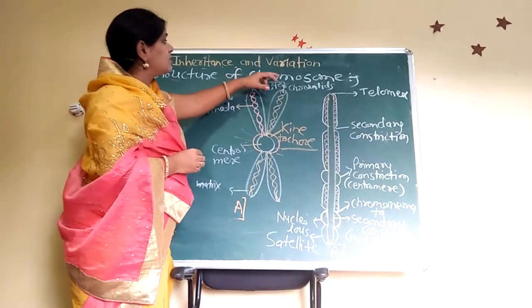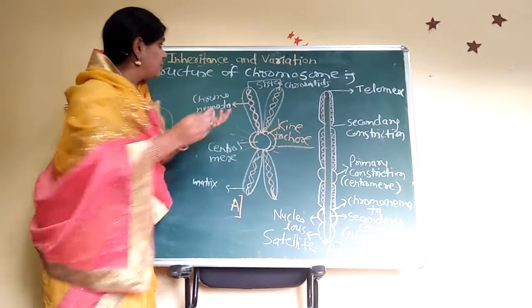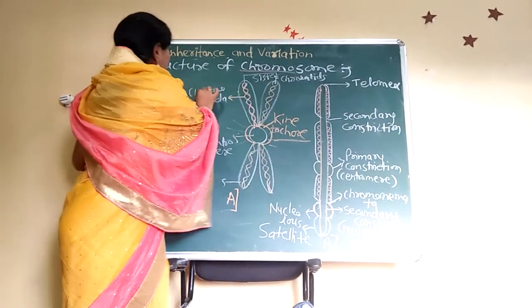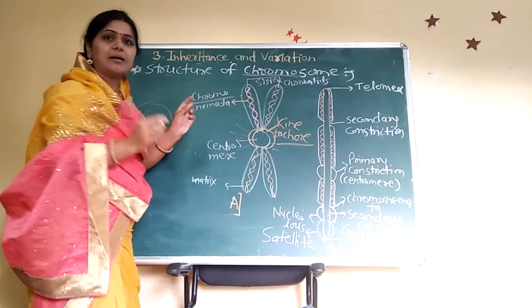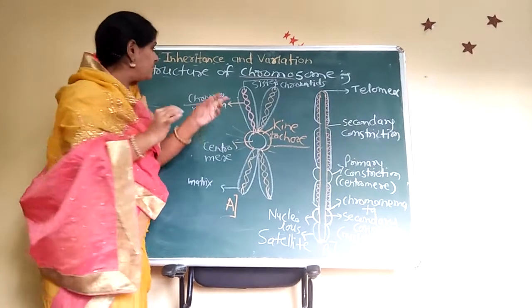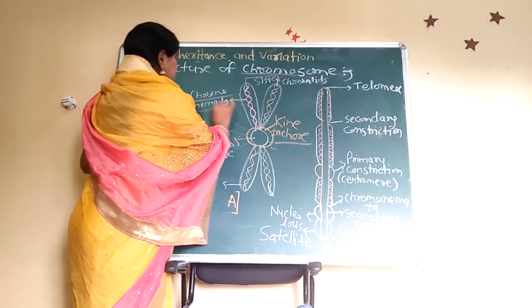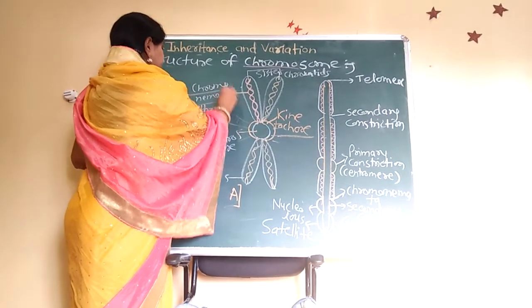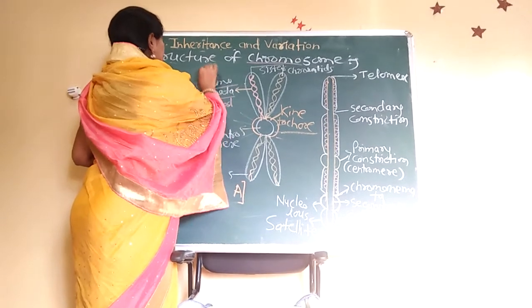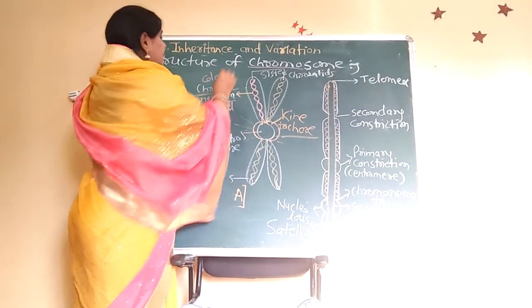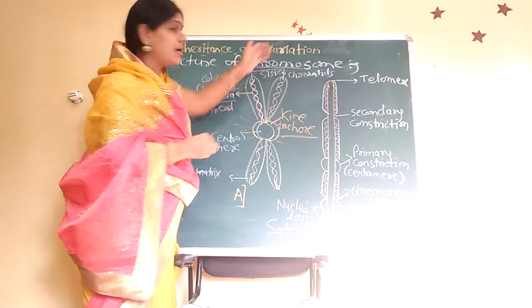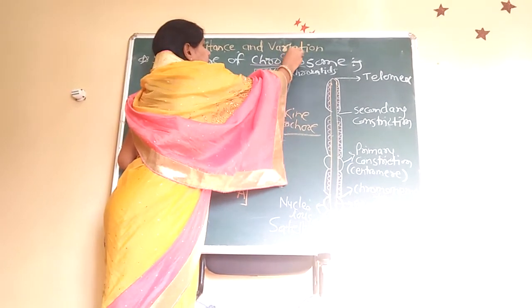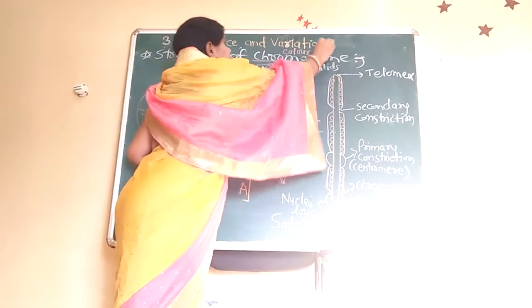See, in chromosomes, chromo means color. Chromo means color and nemata means thread. And chromosomes: chromo means color and somes means body.